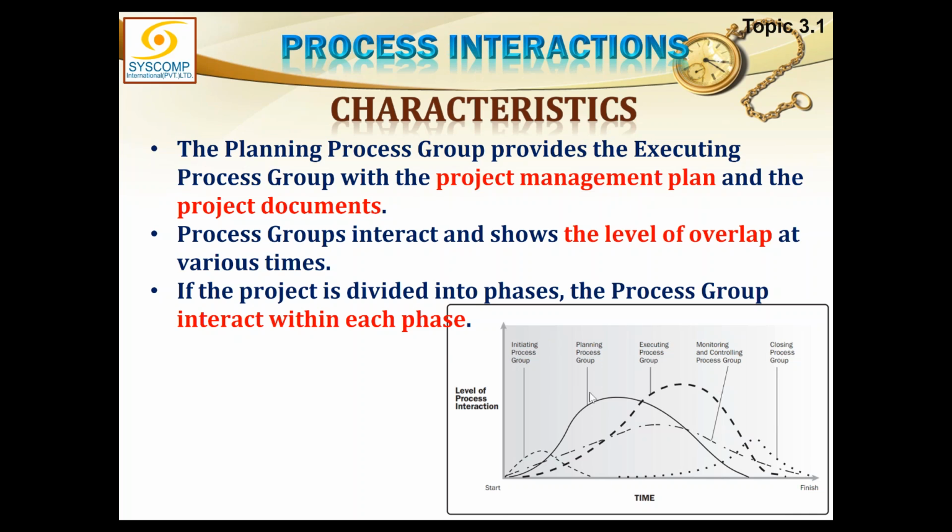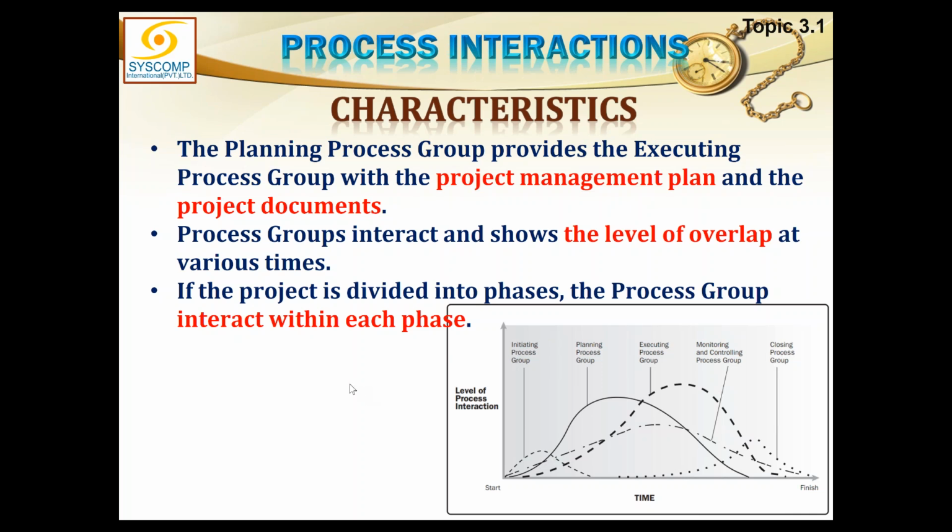Planning process group is, at the peak, while the execution, when planning is happening, planning is being updated, execution is also happening. Monitoring and control is also happening. Closing processes are also happening. So they all can overlap and they all can happen simultaneously. So these process groups should not be called the phases.